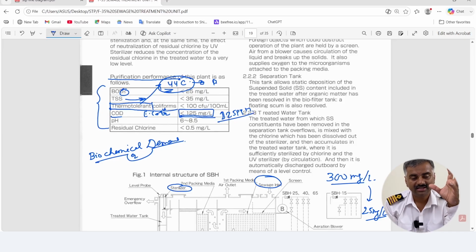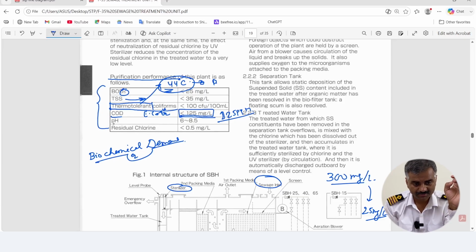That means whatever content of the sample is present, it can consume up to 125 ppm of oxygen. 125 ppm of COD is the chemical material present that will consume oxygen to become zero. 125 ppm of this is allowed.